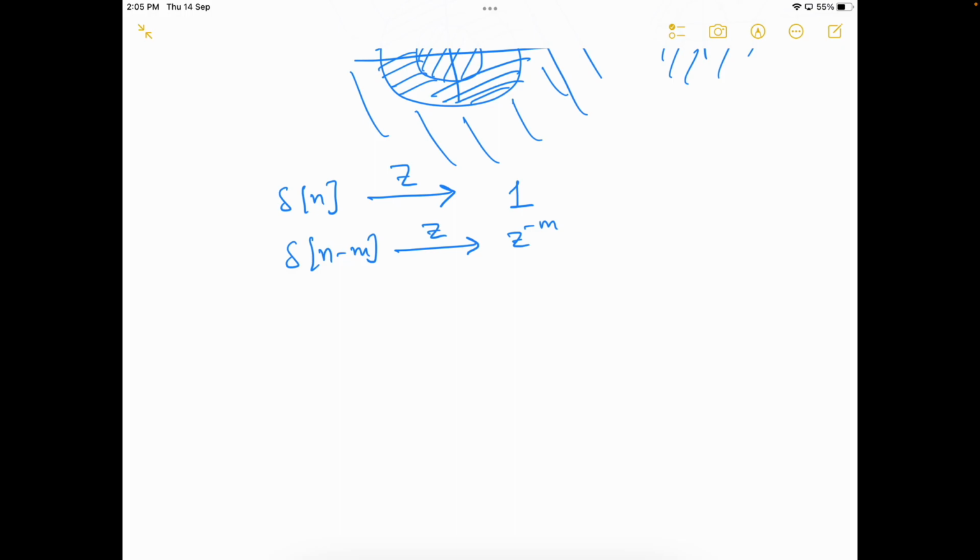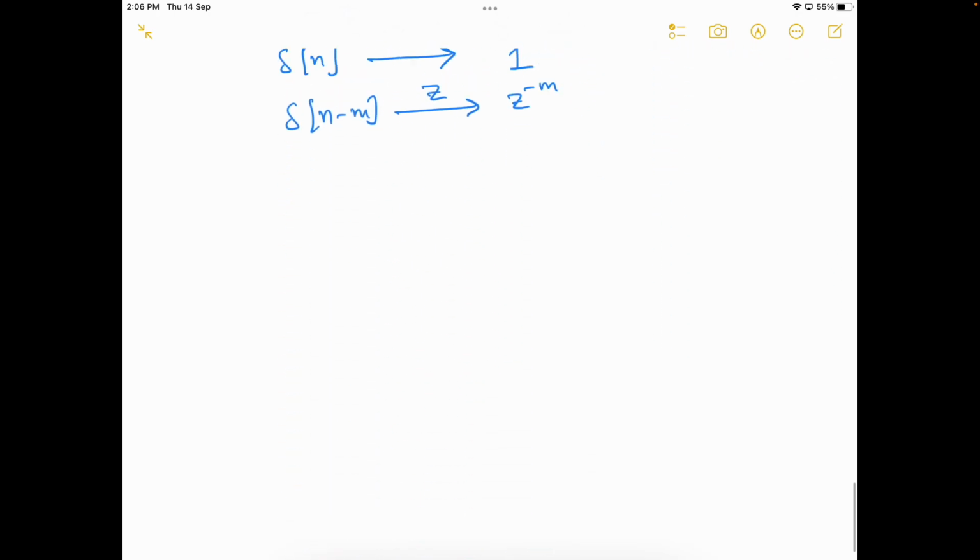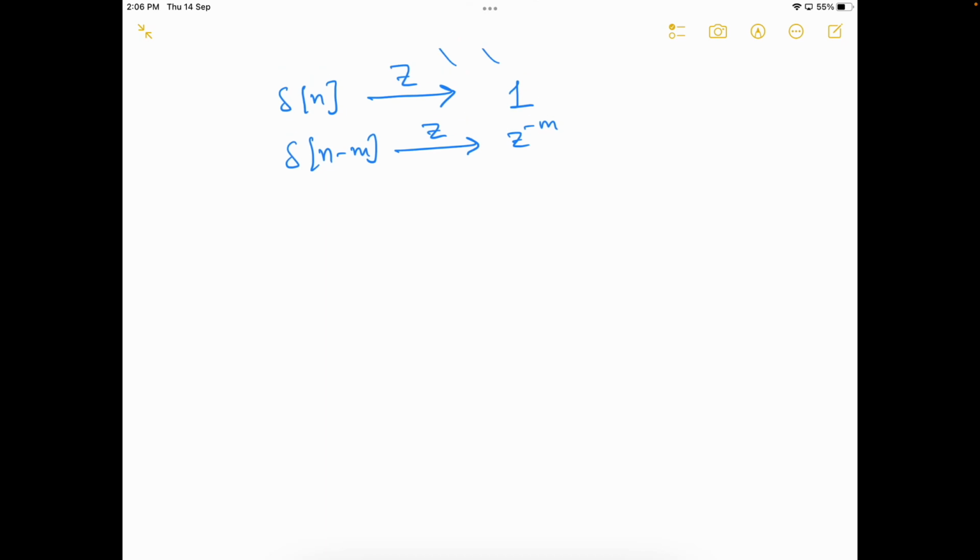Yes, unit step. What is the Z transform of unit step? 1 upon 1 minus Z inverse. Yes, so basically we have done it here, when a is 1, it is 1 upon 1 minus Z inverse. Okay, now let's see what is the utility of Z transform.